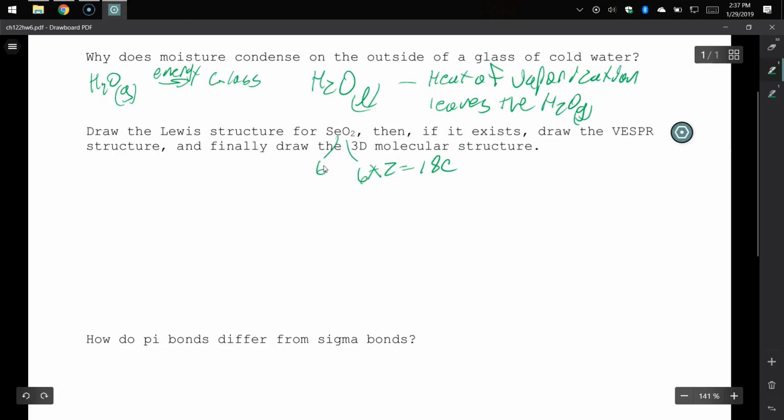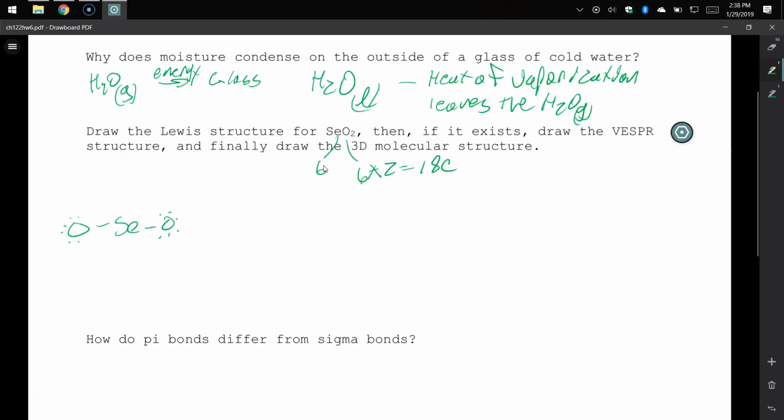Who do you want to put in the middle? Let's put the selenium in the middle. All right, so there's a selenium, and then I'll connect up some oxygens. And we've used 4 of our 18 electrons. Where do you want to put the rest of them? All right, so the oxygens are happy, but the selenium is not happy.